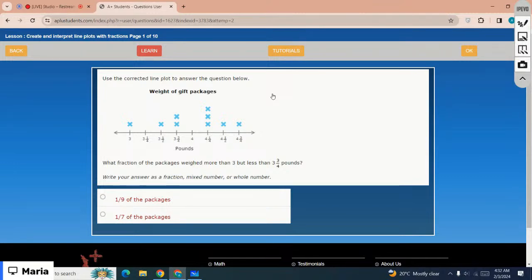So which is the correct option? That is 1 by 9 of the packages. That's the same we did on the tutorial. Let's just start with the next one.